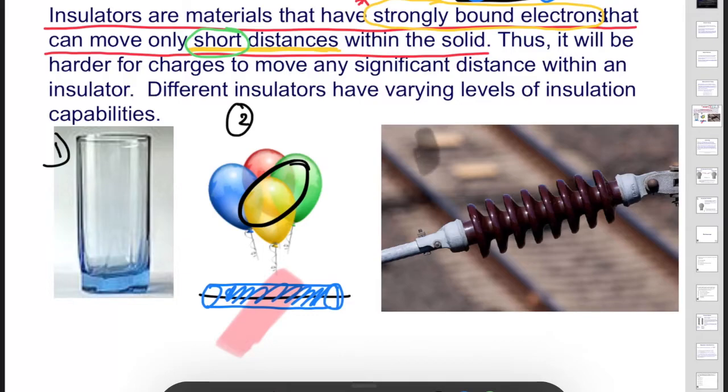And the third example right here is ceramic. Now, ceramic right here is really good. It's normally used for insulators that are going to be working with a lot of electricity. Right here, this one is normally to stop lightning.